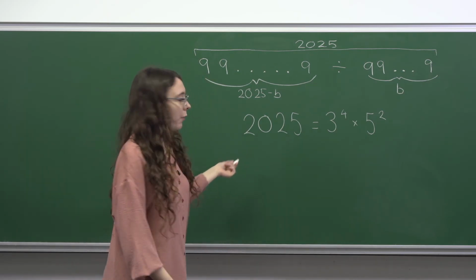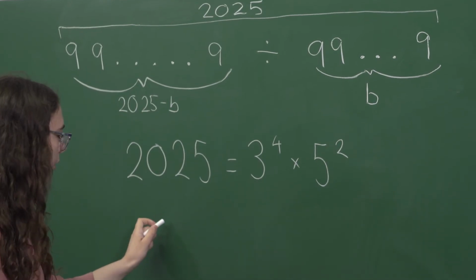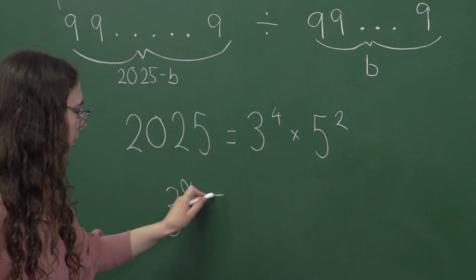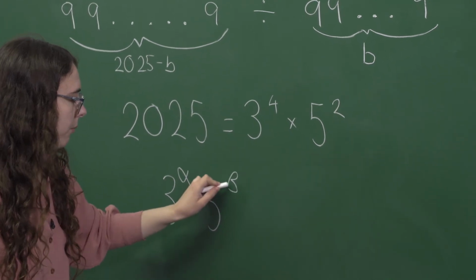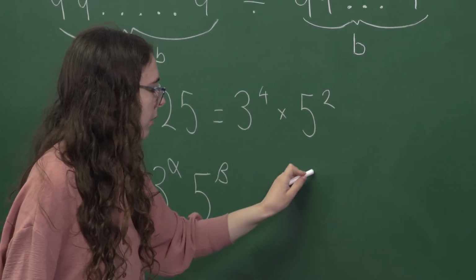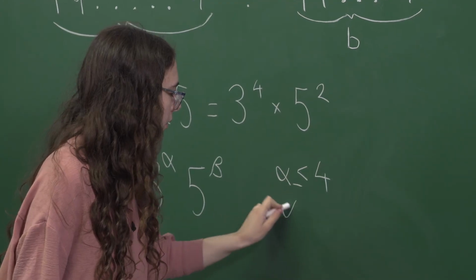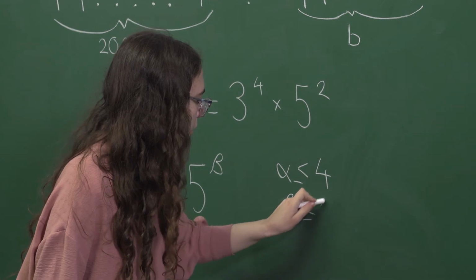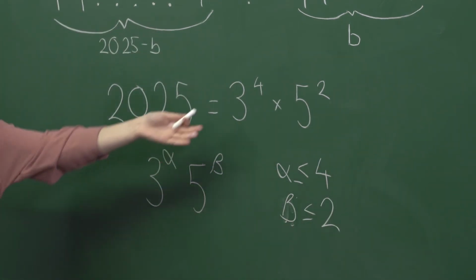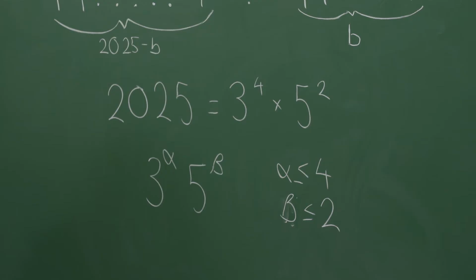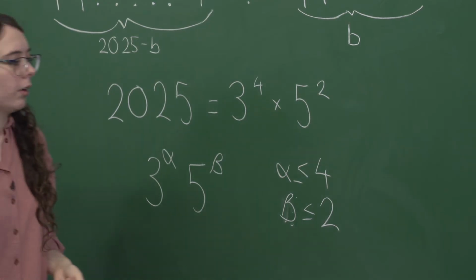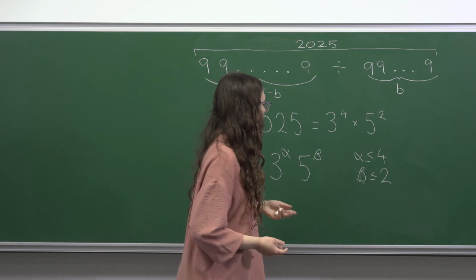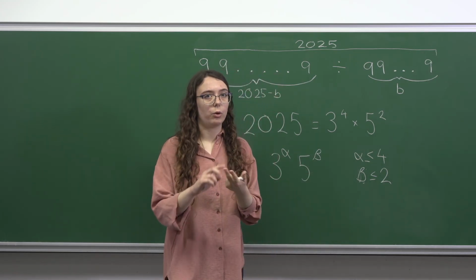And so any factor of 2025 is going to be of the form 3 to the alpha times 5 to the beta, where we must have alpha at most 4 and beta at most 2. And so this gives us 5 choices for alpha, 0, 1, 2, 3, 4, and 3 choices for beta, 0, 1, 2.